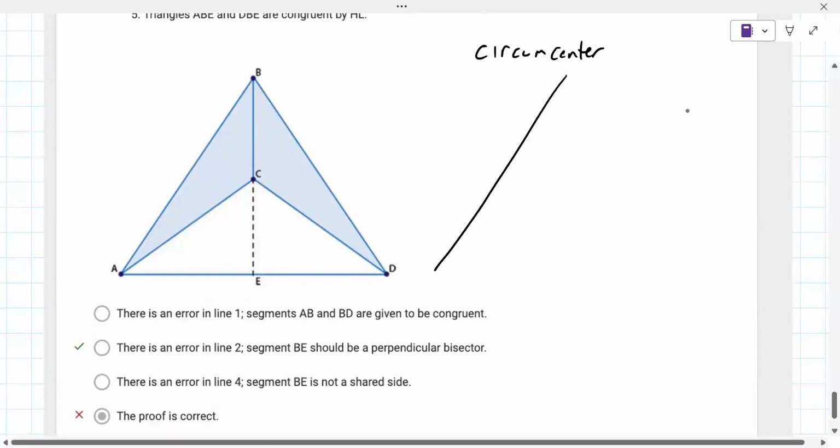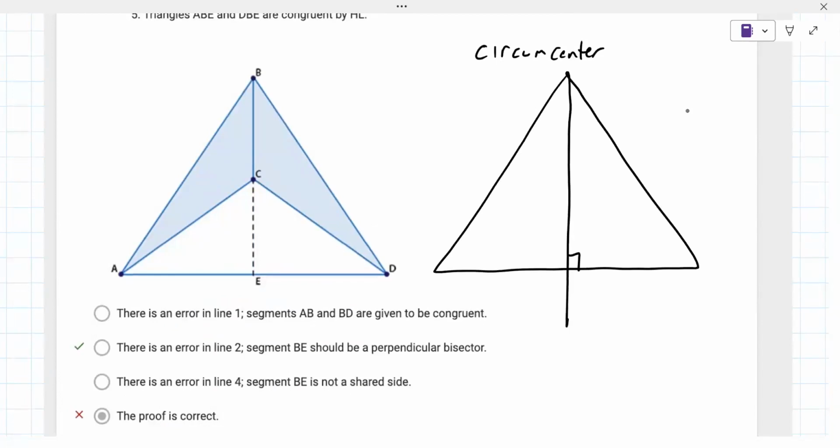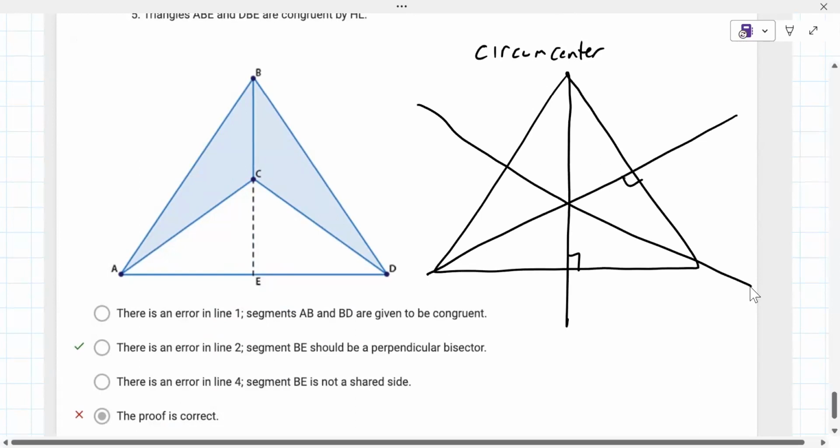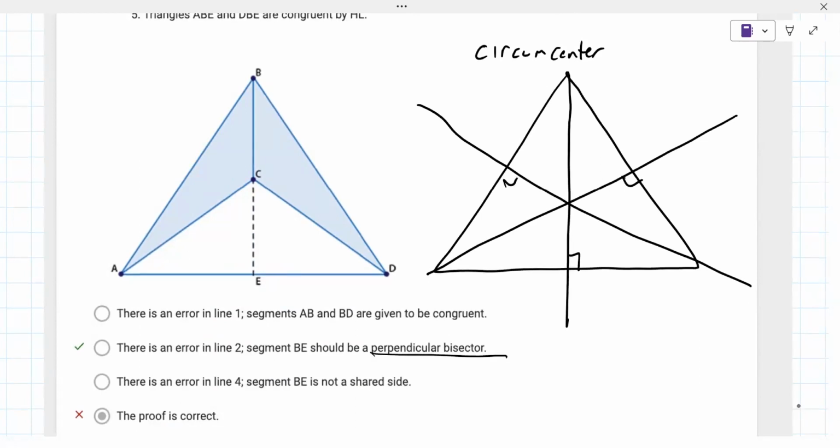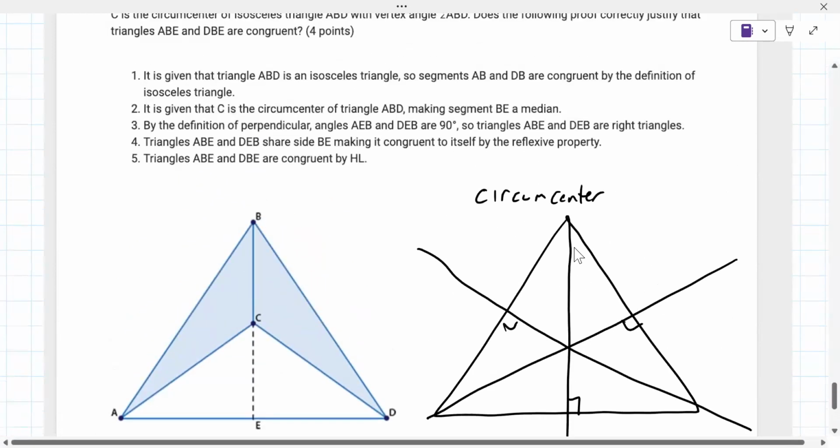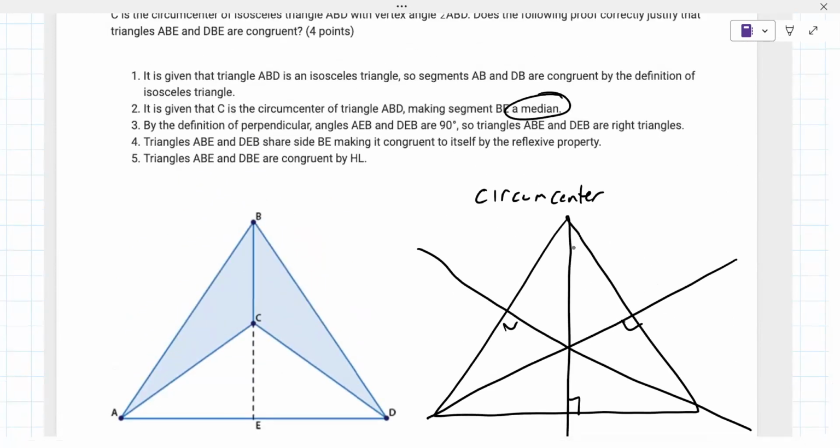So if you can imagine this being a really accurate drawing, that's 90 degrees, and this one is also 90 degrees. And this one is also, it's the center of all the perpendicular bisectors. That's why it's a one word difference. It's median versus perpendicular bisector there.